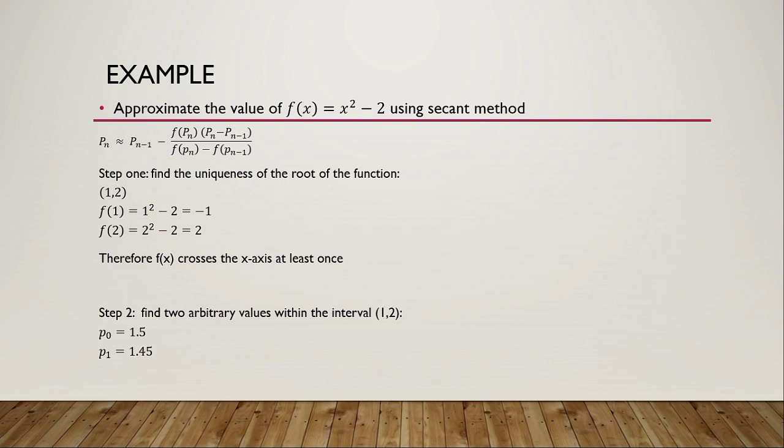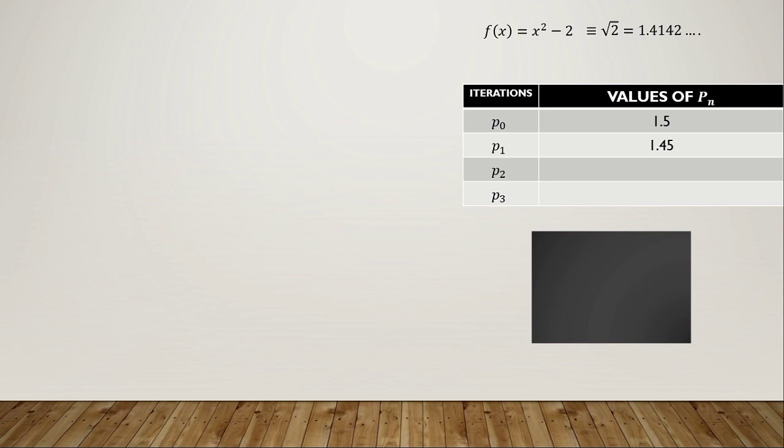Great. So if we have P0 there, and then we have P1, then the values are P0 equal to 1.5, and P1 is equal to 1.45, right? Note to self that f of x is equal to x squared minus 2, and the root is the square root of 2, which is equal to 1.4142, right?